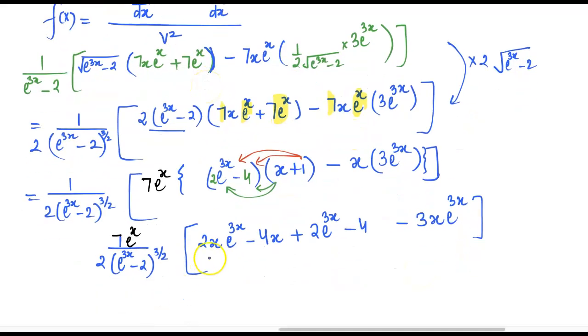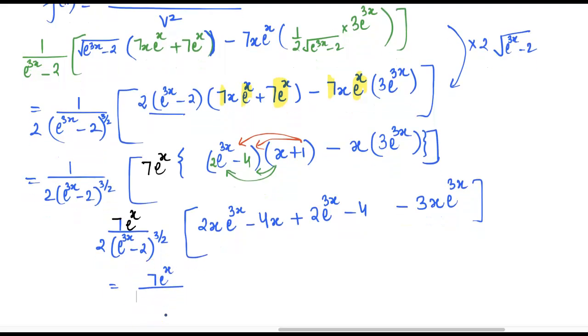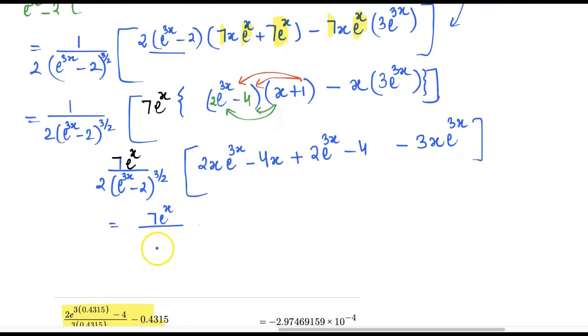Now the next step. So this would be 7 e to the power x over 2 e to the power 3x minus 2 to the power 3 halves. Can we simplify it more?